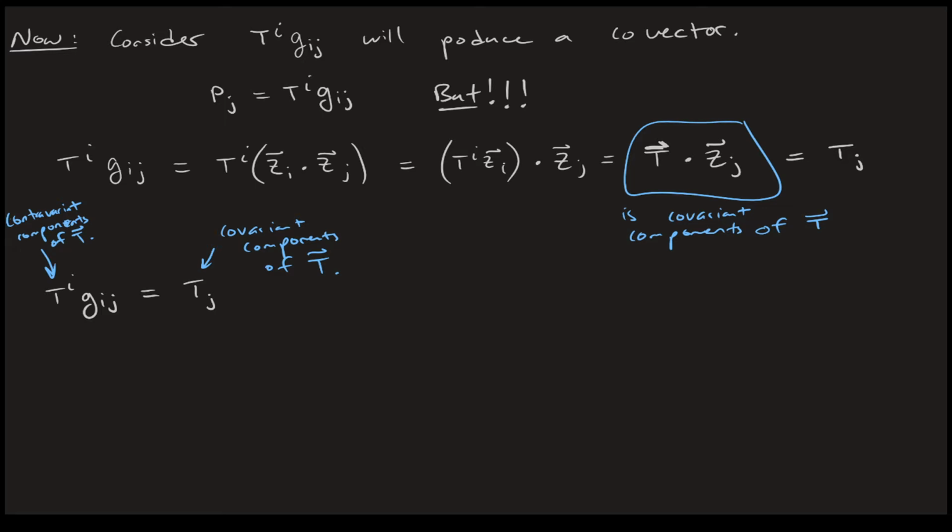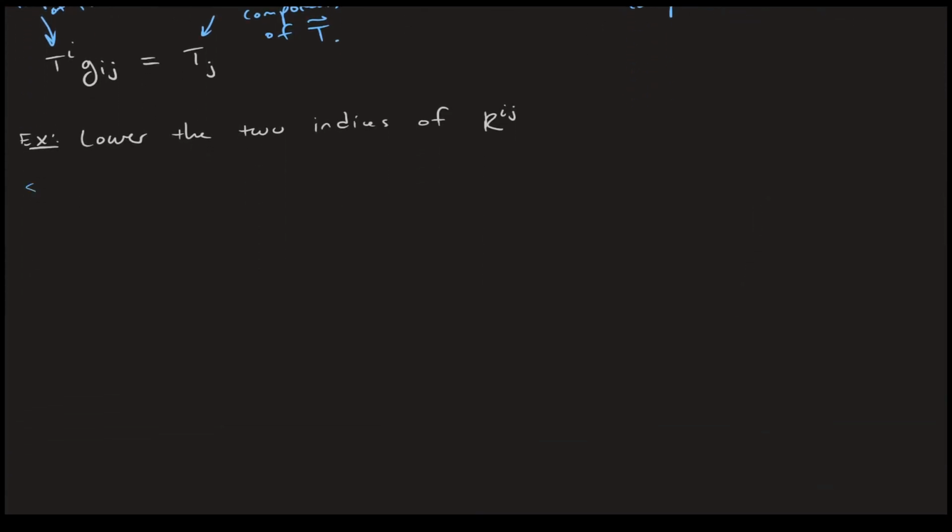Okay, well, for example, lower the two indices of, we'll call it Rij. The way we could lower these indices is we could say, okay, Rij multiplied by Gim.